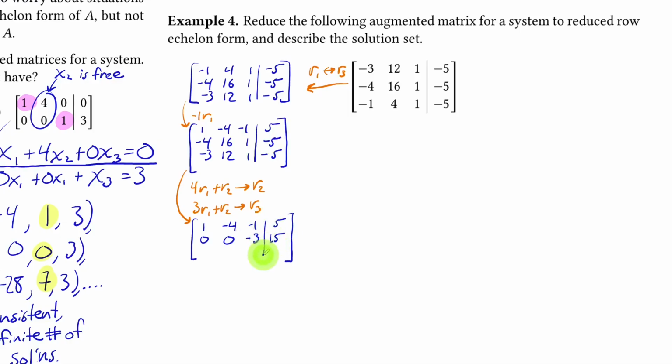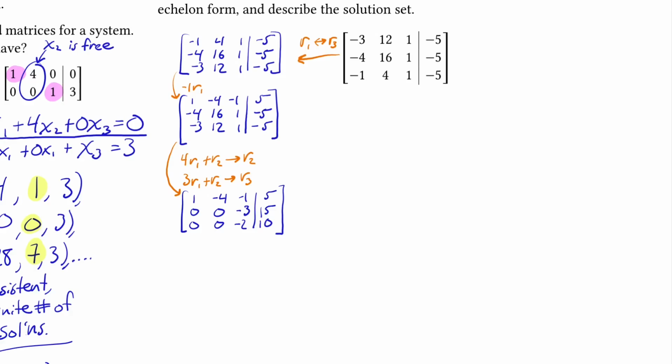And in row 3, we have 3 times 1 plus negative 3 is 0. 3 times negative 4 plus 12 is also 0. 3 times negative 1 plus 1 is negative 2. And 3 times 5 plus negative 5 is 10.